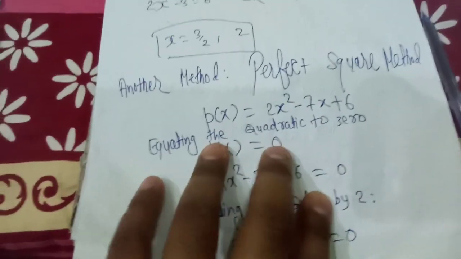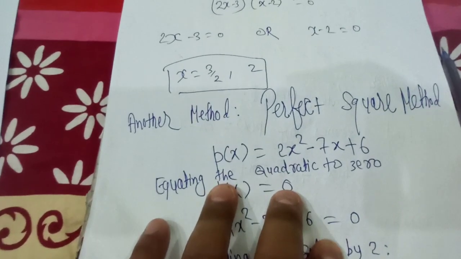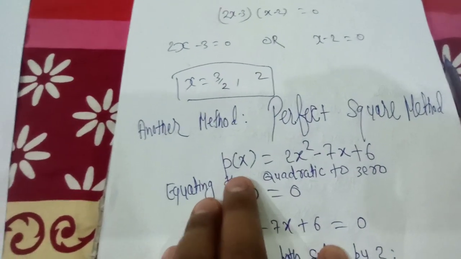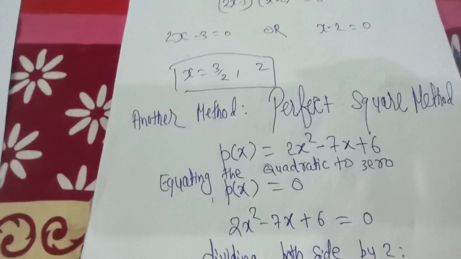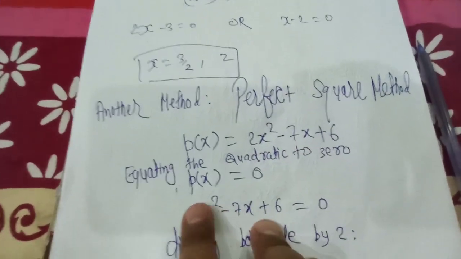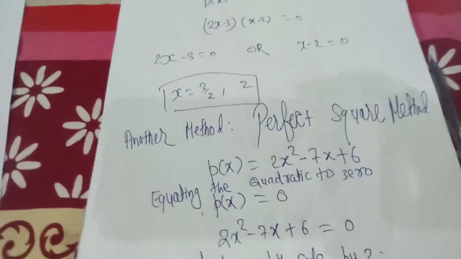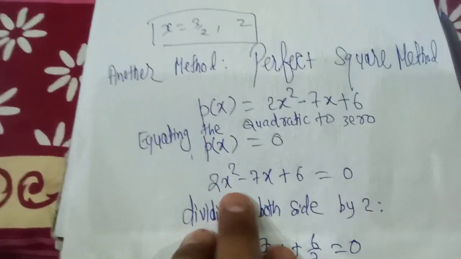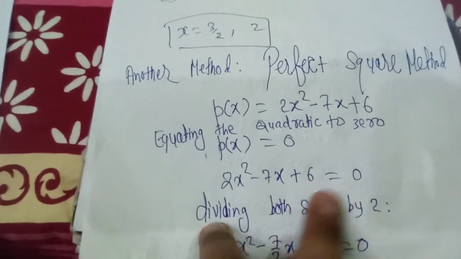So this is P of x equals 2x square minus 7x plus 6. By equating it to 0, this is 2x square minus 7x plus 6 equals 0.